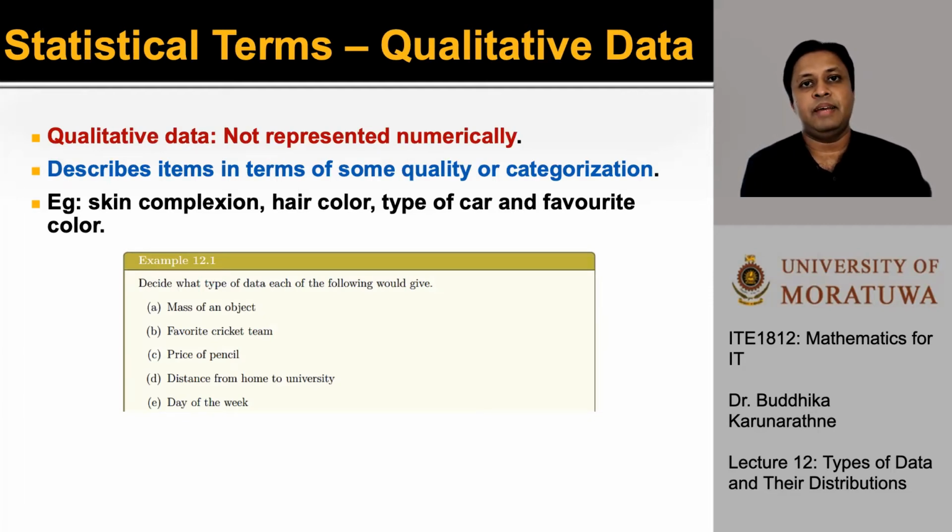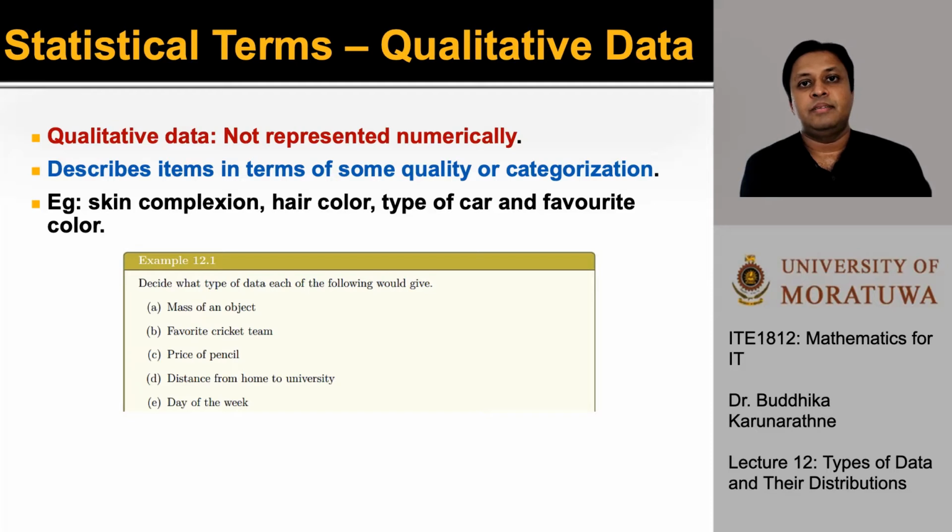Right. So here we have an example, some of the examples given here, so we can identify what data type they belong to. First, mass of an object. We can easily understand that this can be represented in a numerical value, and it is not discrete, it is continuous. It can have fractional values. The second one is favorite cricket team.